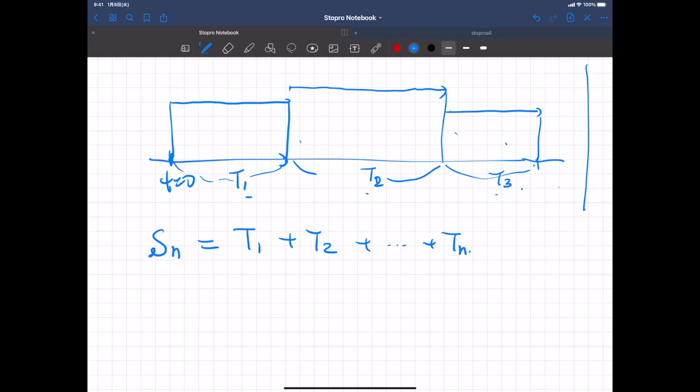And also we define N of t, which is the number of renewals, so the number of replaced components up to time t.